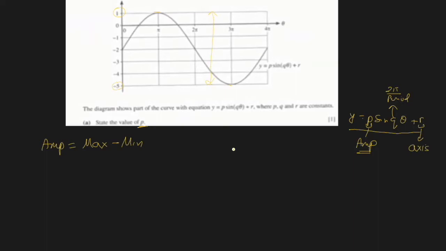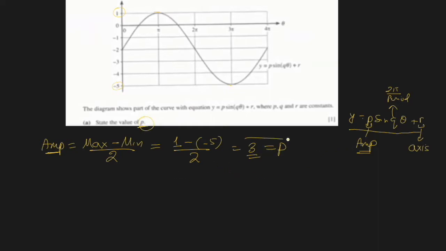And that becomes amplitude. So maximum minus minimum divided by 2 is your amplitude. So let me substitute the values here. Maximum is 1 minus minimum is -5 divided by 2, which is 1 plus 5, 6 divided by 2, 3. The value of p, which is amplitude, is 3.